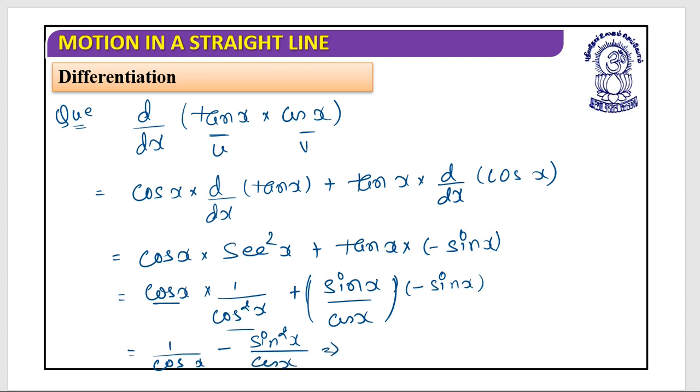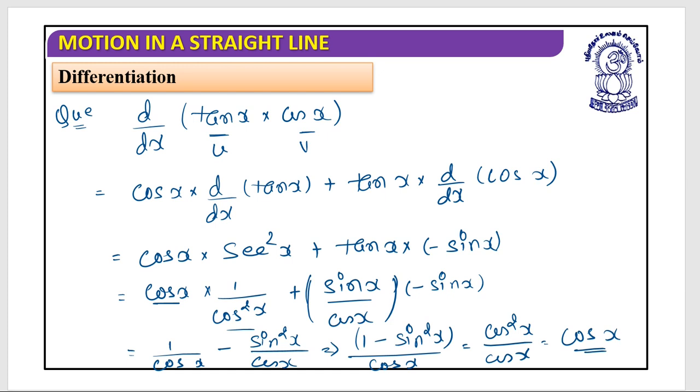So if you look like this, it's 1 minus sin square x divided by cos x. What is 1 minus sin square x? Yes, it is cos square x divided by cos x. So the thing that remains would be cos x only.